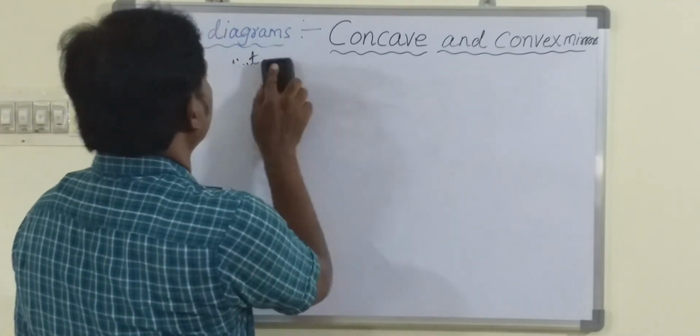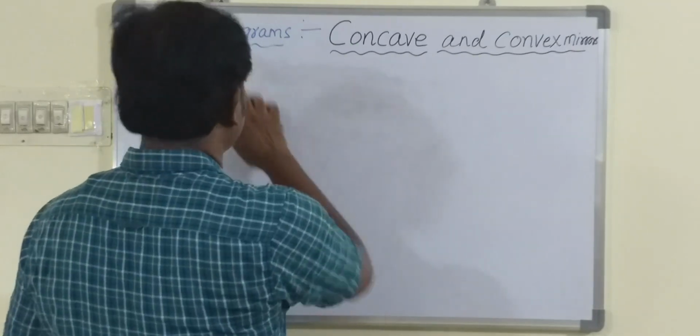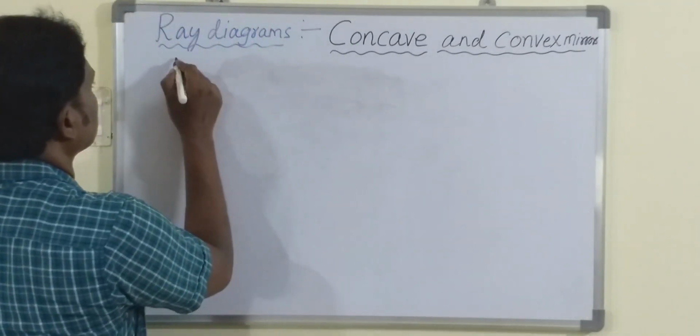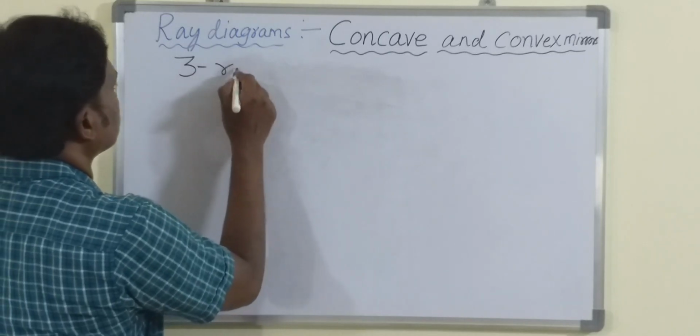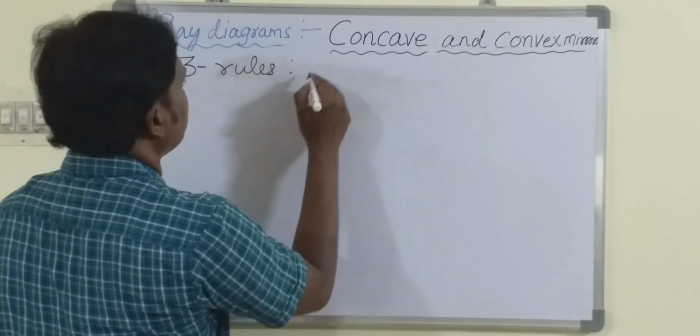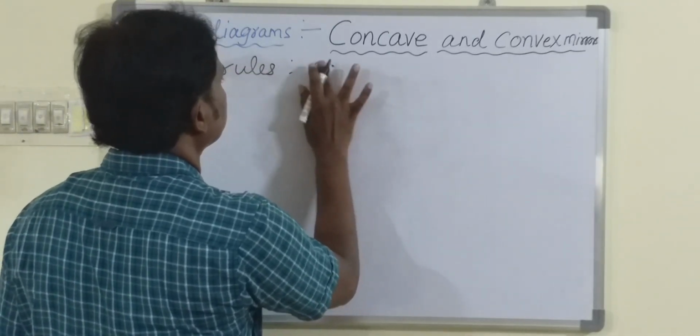So let me explain the three rules. First let me see the case of the concave mirror.